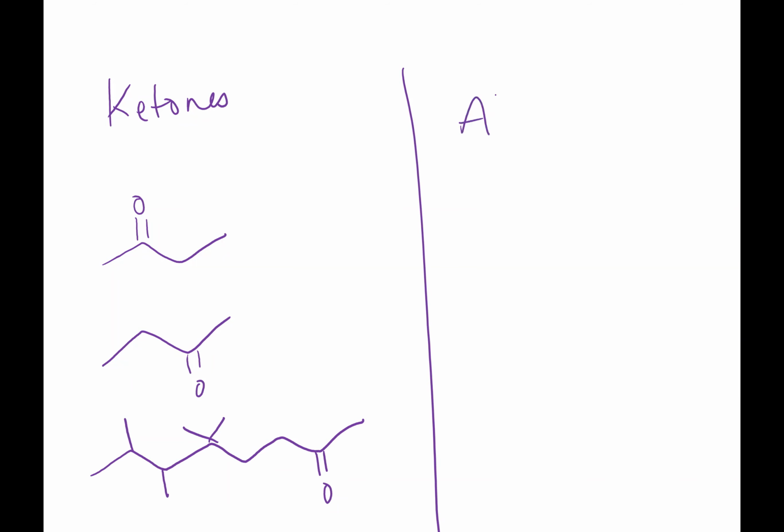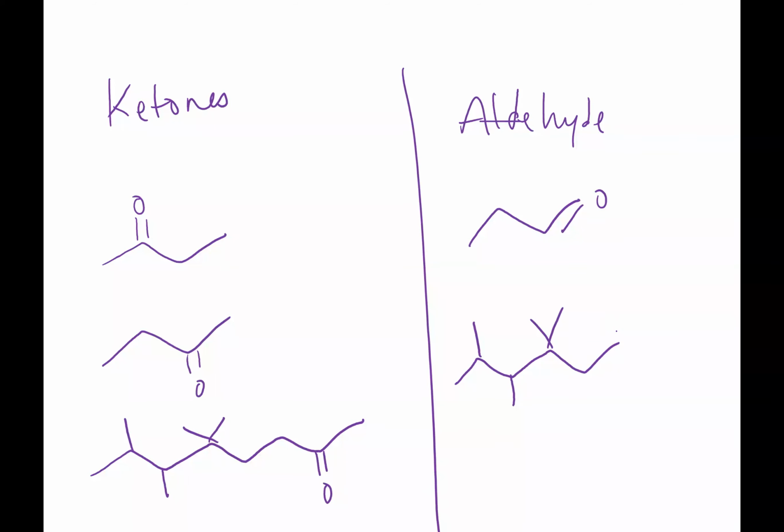So aldehydes. What's an aldehyde? Well, an aldehyde is when the double bond, whoops, sorry, my pen there, is on the end of the chain. So again, I can draw crazy chains here. I can do whatever I want, but as long as the double bond is at the end, it can be at the beginning too, right?